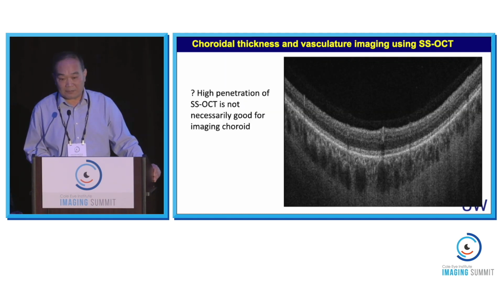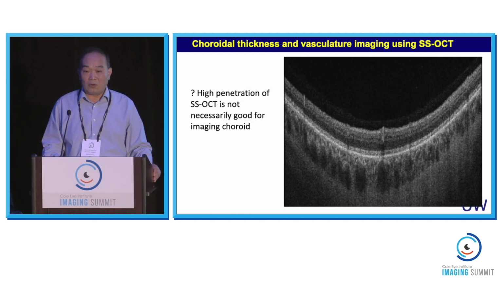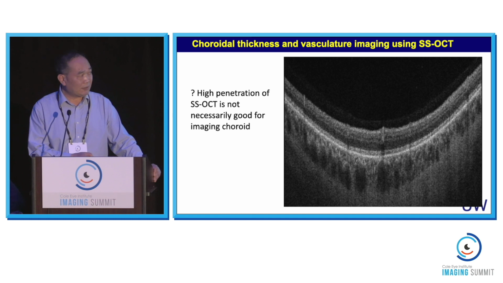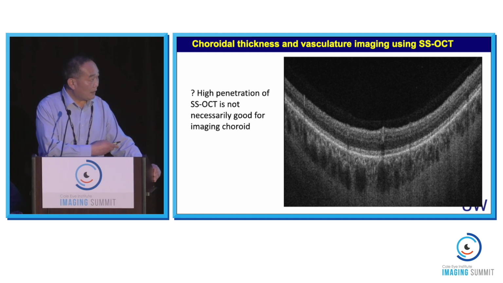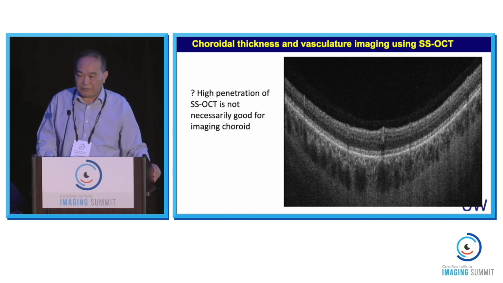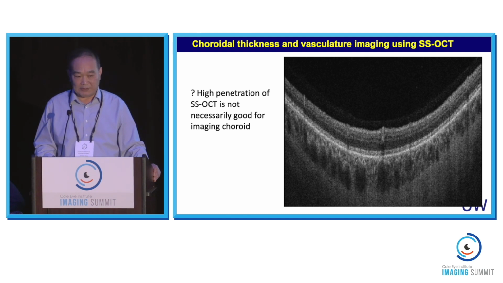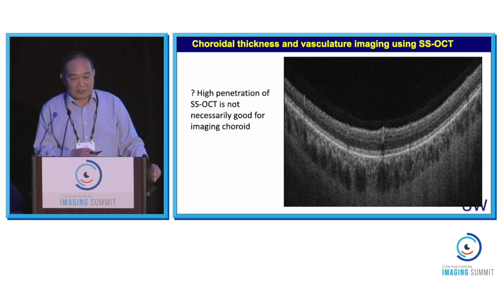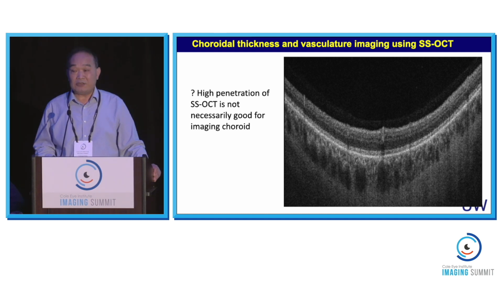Now we come to choroid quantification. For choroid quantification, you really need pretty good contrast at the junction or interface between the choroid and the sclera. Sometimes this contrast is not enough, even when you use swept source OCT. The way to mitigate that is what we call attenuation correction.